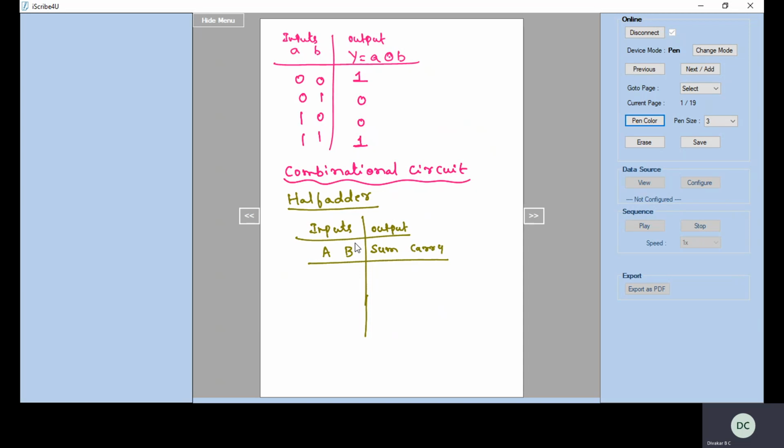To perform the addition of two binary values 0 0, 0 1, 1 0, 1 1: 0 plus 0 is 0, carry 0. 0 plus 1, sum is 1, carry 0. 1 plus 0, sum is 1, carry 0. 1 plus 1, here we are performing the binary addition, is 0 with a carry of 1.